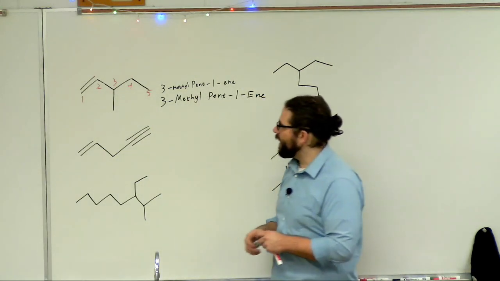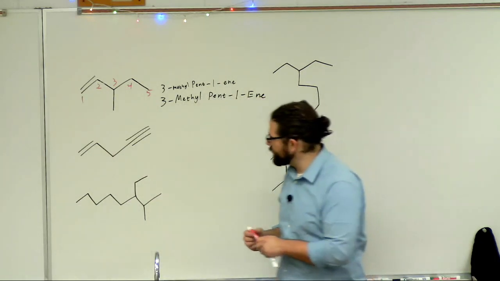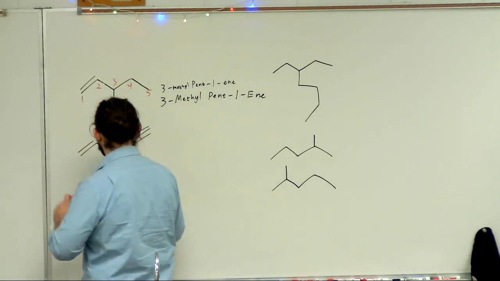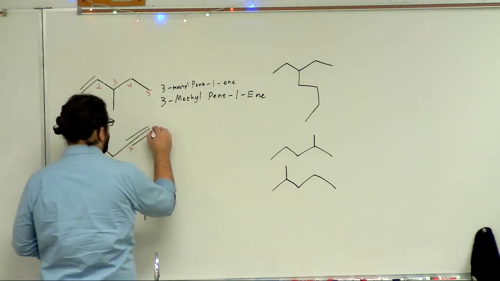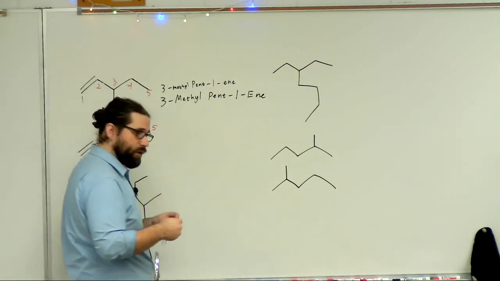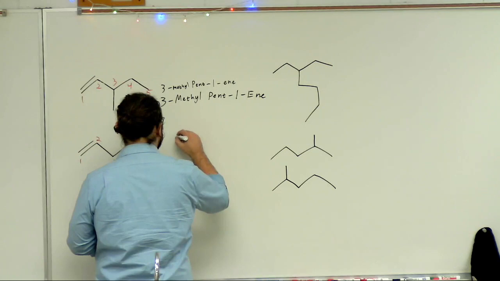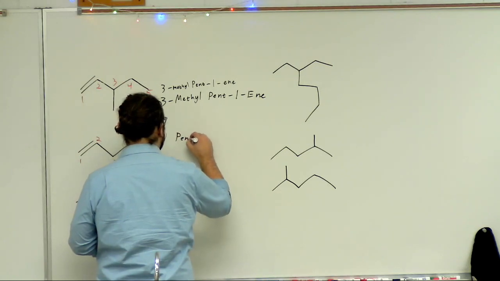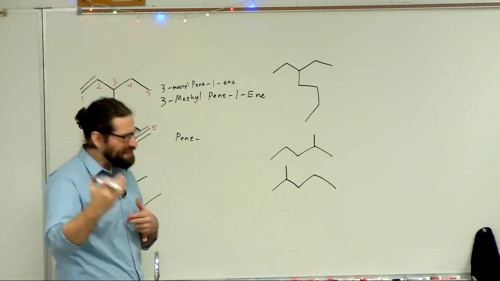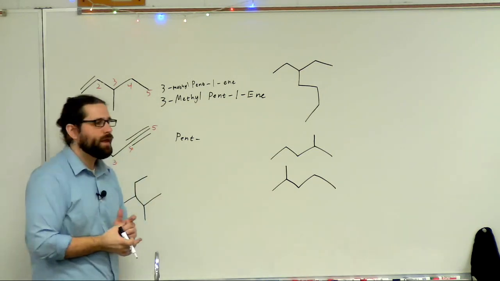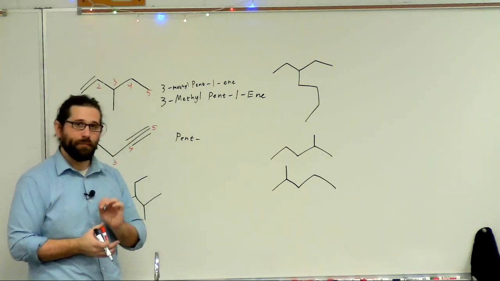Next one. I have both a double and a triple bond. Let's number those carbons, get our prefix out of the way. 1, 2, 3, 4, 5. So that is also going to be pent. Now I need to know, do I call this an ene or an yne? The triple bond takes a higher priority than the double bond.